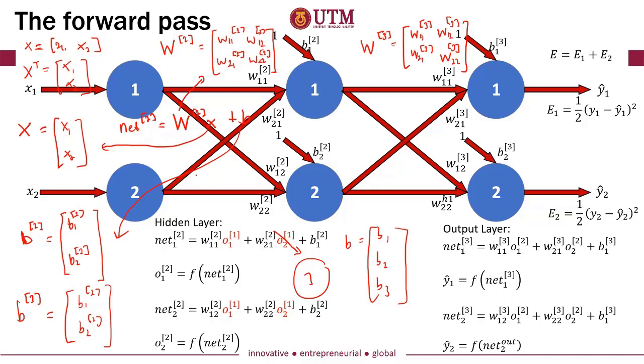When I say net 2, it means a matrix version that consists of net 1 at layer 2 and net 2 at layer 2. So you will get a matrix where this variable holds both net 1 and net 2 at the second layer. That's how we do coding there. It's easy to do in Matlab, because Matlab is matrix based programming, so everything we do should be in matrix.